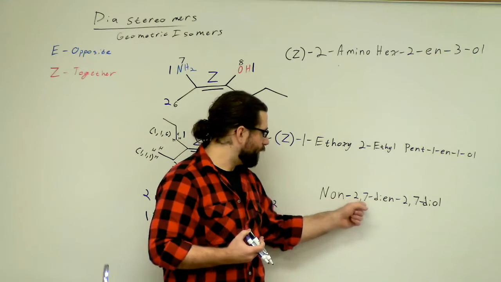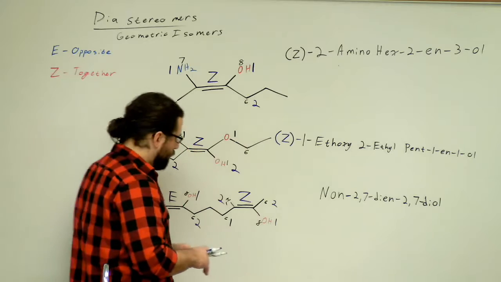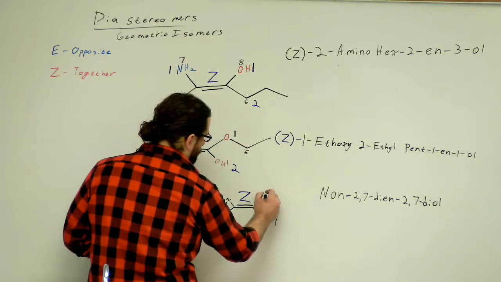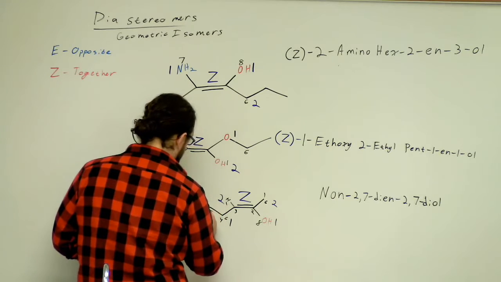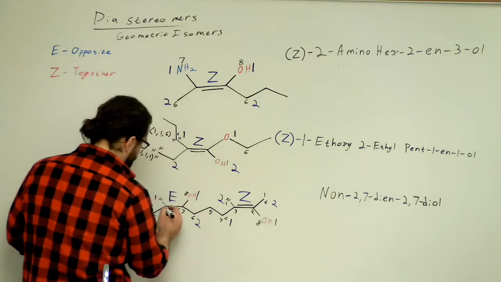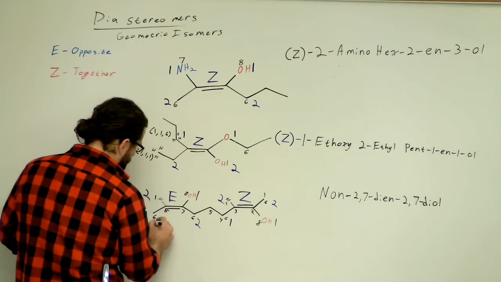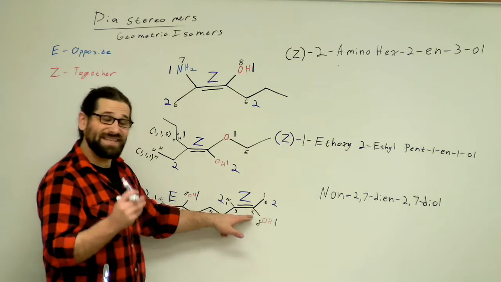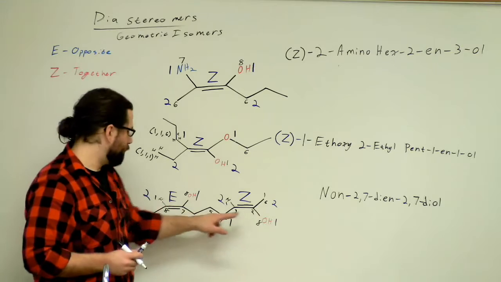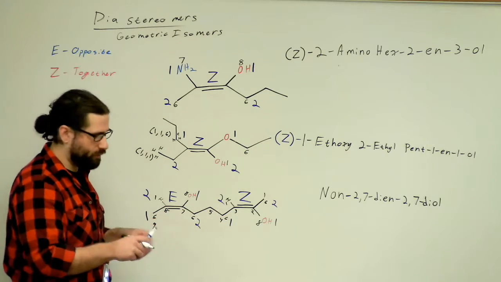I've got a 2 double bond and I've got a 7 double bond. Now I numbered starting from this carbon. This is my 1, 2, 3, 4, 5, 6, convenient, 7, 8, and 9 carbon. Okay? So my Z is at my 2 carbon. My E is at my 7 carbon.